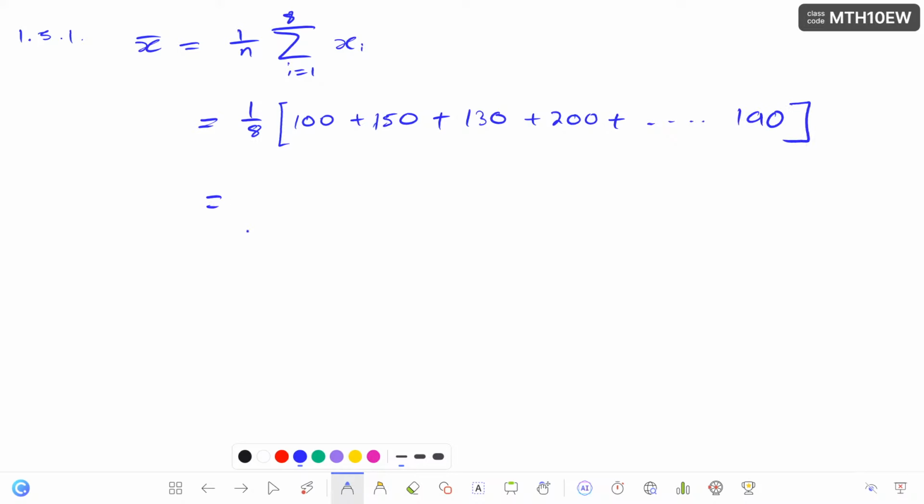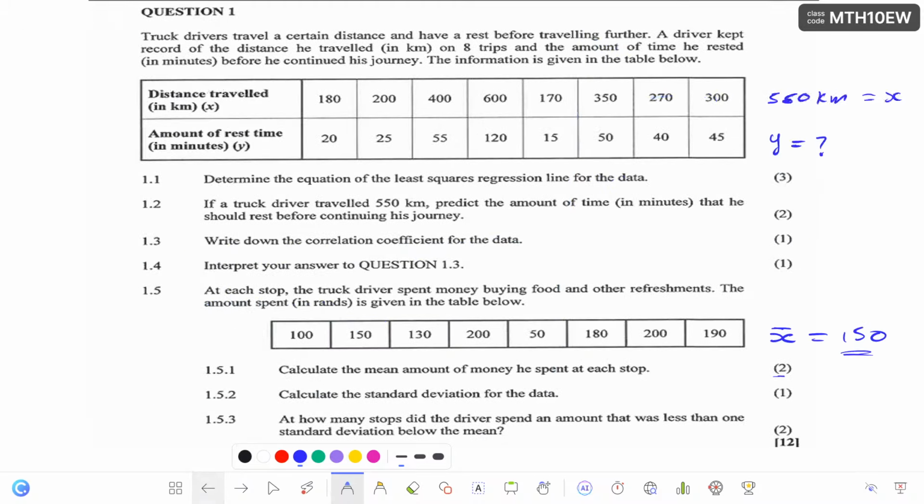So adding all those numbers, let's check what we get. So it's 100, 150, 130, 250, 180, 200, and 190.